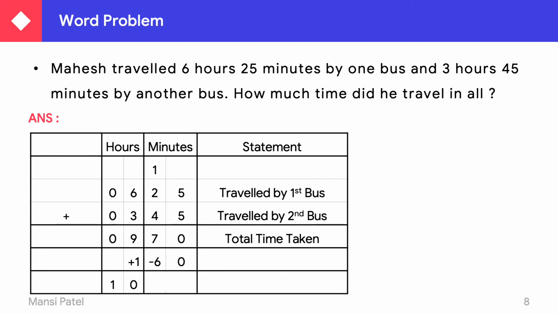Therefore, when you get extra minutes, you subtract from minutes and at the same time add 1 in the hours. So 70 minus 60 is 10, and 9 plus 1 is 10. So how much time did he travel in all? We can say that he traveled 10 hours and 10 minutes in all.